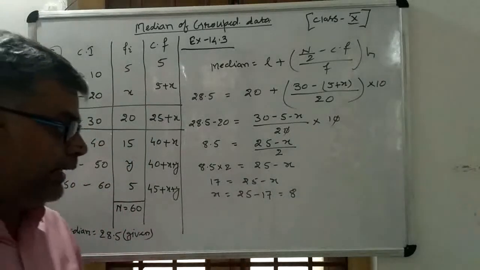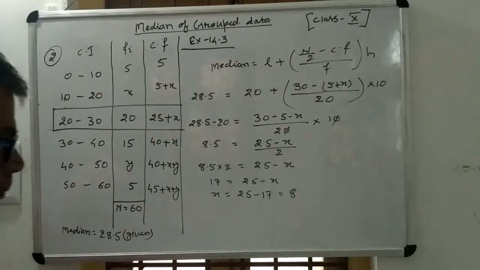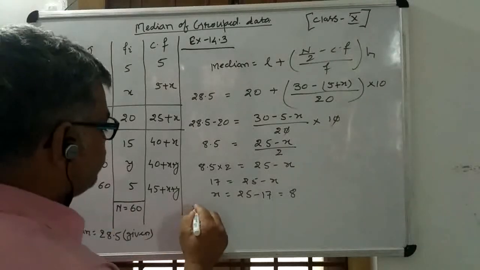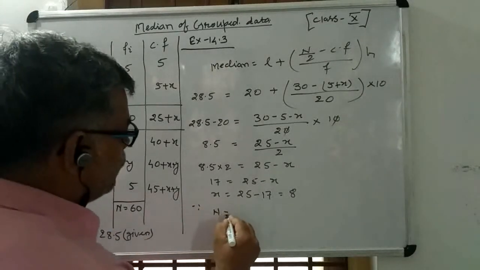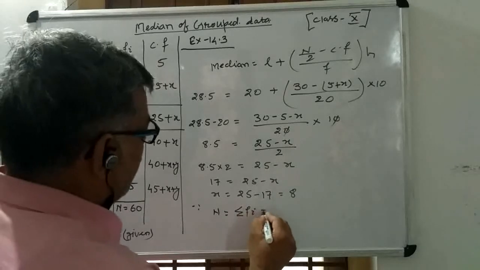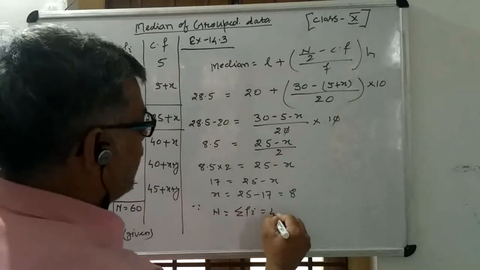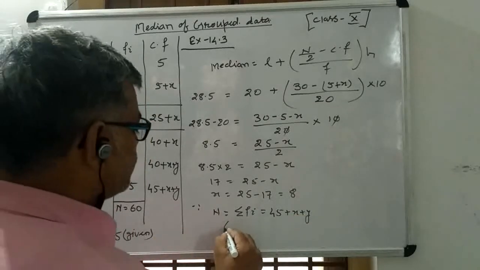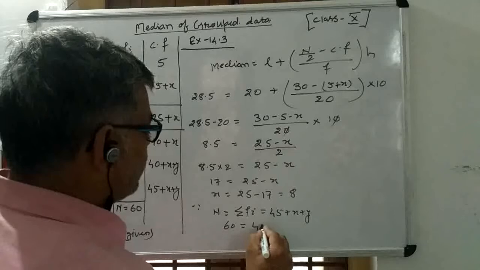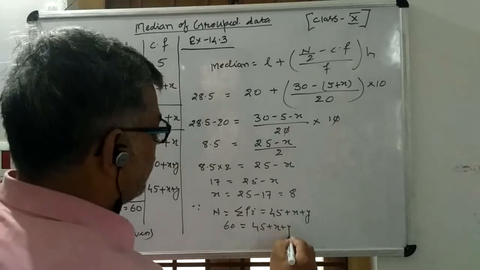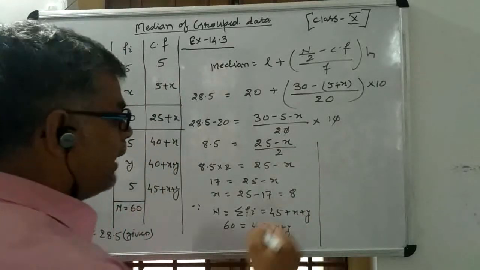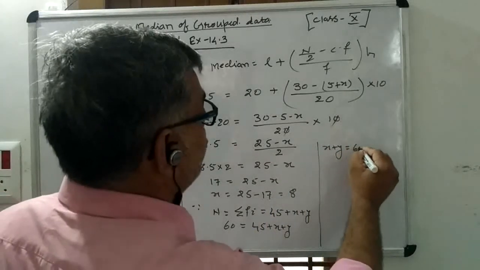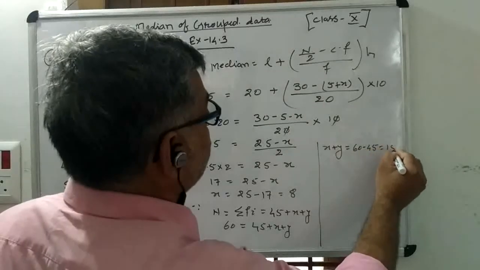That is 8. We got the value of x, now we need y. Since n equals sigma fi, which is equal to 45 plus x plus y, and n here is equal to 60, we have 60 equals 45 plus x plus y. On solving it, x plus y equals 60 minus 45, which is 15, from equation 1.